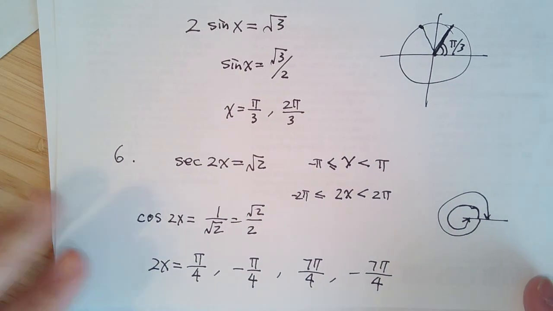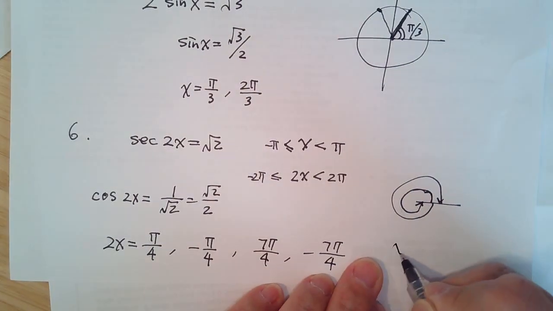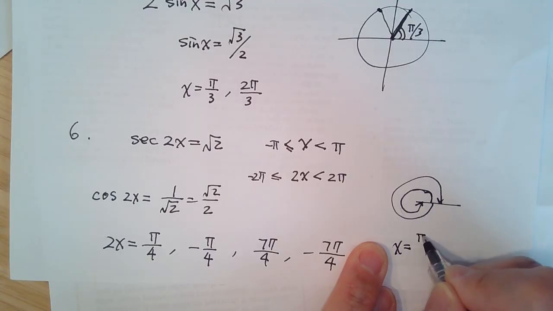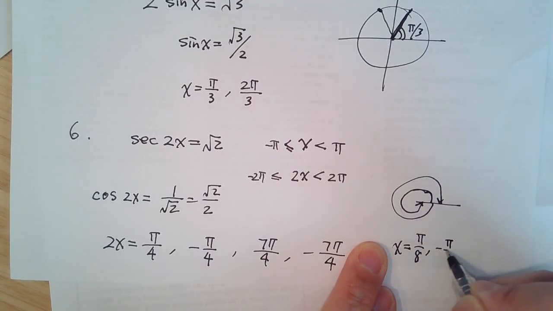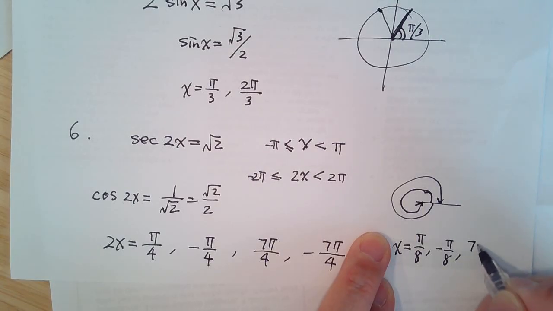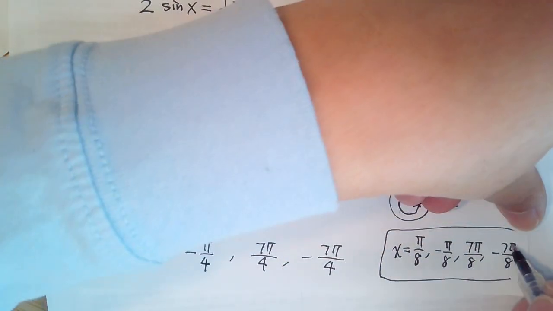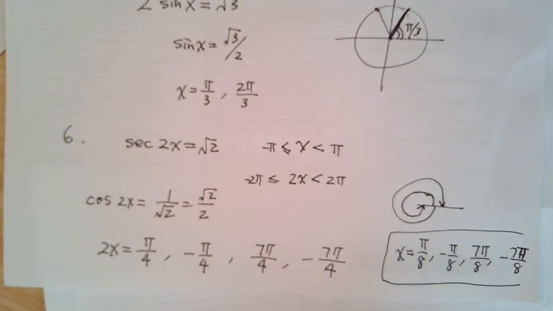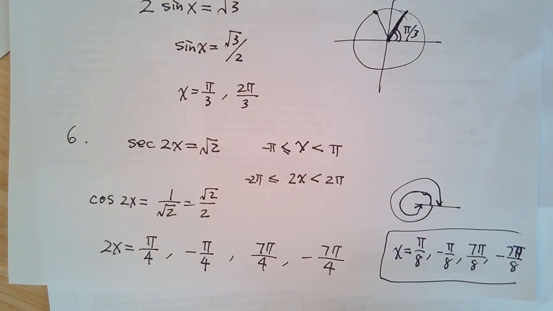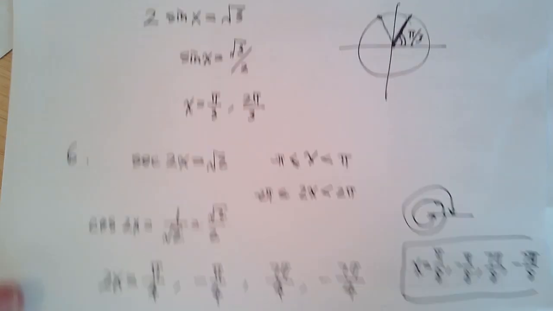Okay, so you have 4 solutions, and then your x will be pi over 8, negative pi over 8, 7 pi over 8, negative 7 pi over 8. You have 4 solutions for this one. So that's my number 6. Okay, so let's do more.